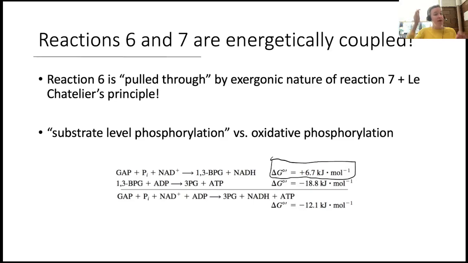Additionally, folks, I want to make a distinction between the synthesis of ATP we're seeing in glycolysis with the synthesis we will see of ATP through ATP synthase after the electron transport chain. This type of ATP synthesis is called substrate level phosphorylation.